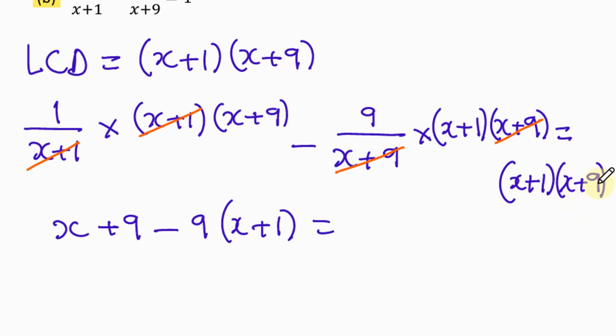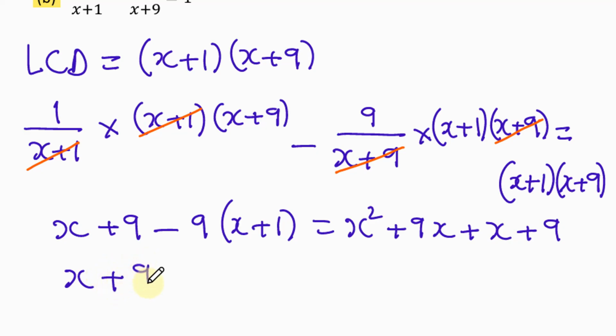Then on the right-hand side, we multiply out the brackets. So we'll have x times x is x squared. X times 9 is 9x. 1 times x is x. And 1 times 9 is 9. We can simplify. We can multiply the negative 9 into the brackets here.